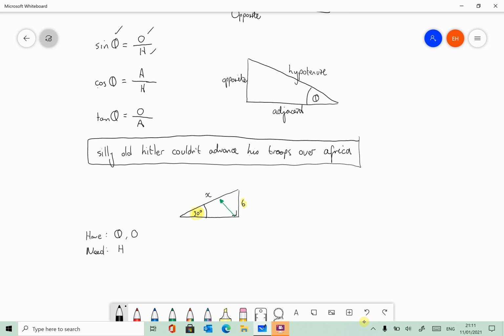So we're going to use this formula here. We're going to say sine theta equals opposite over hypotenuse. And we're going to change theta into 30 degrees, change our O to a 6, and change our H into an X.